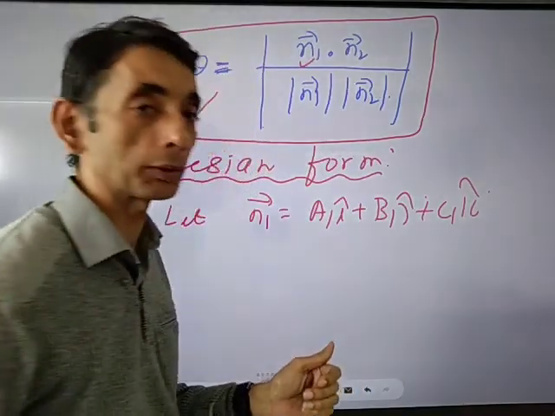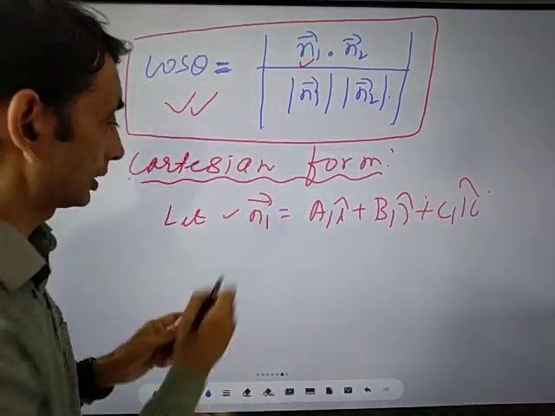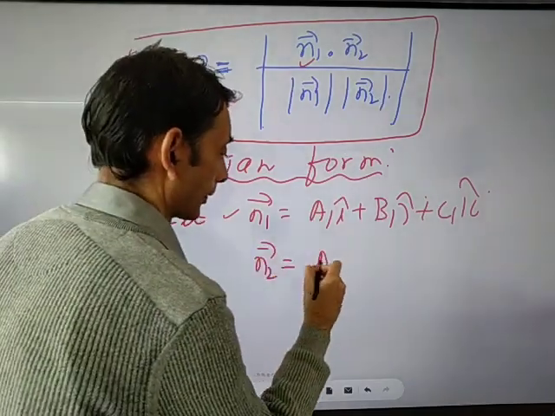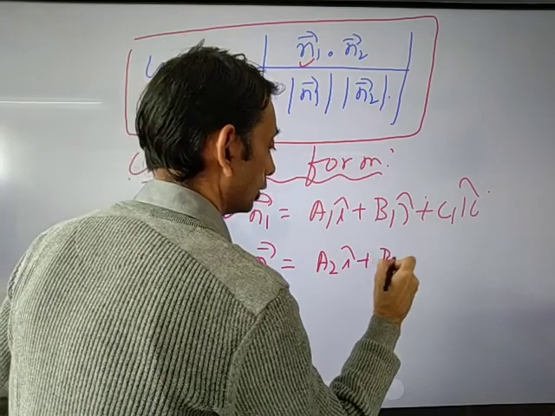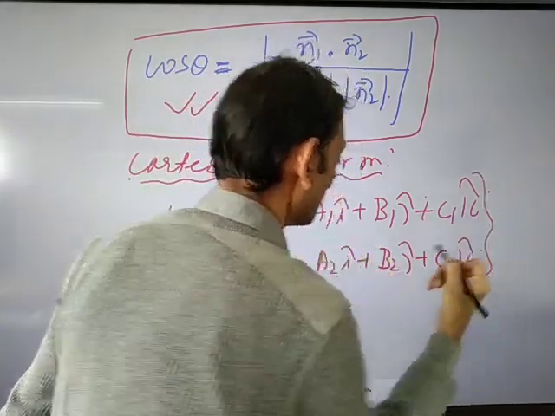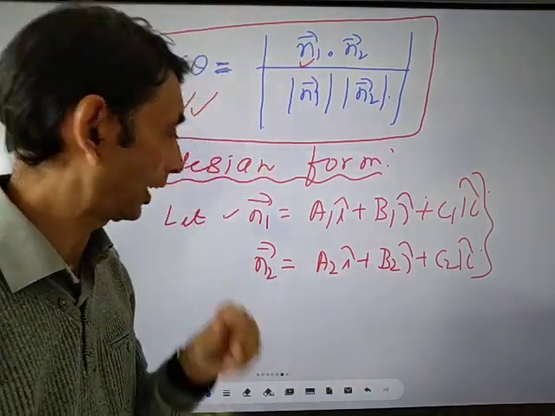What are a1, b1, c1? They are the direction ratios of this normal vector n1. Let us take n2 as a2 i cap, b2 j cap, and c2 k cap. Similarly, a2, b2, c2 are the direction ratios of n2.